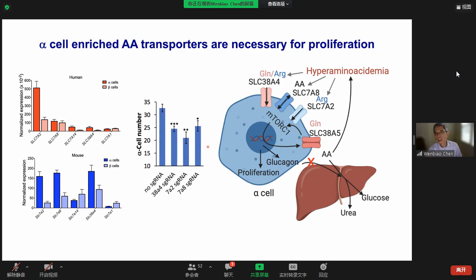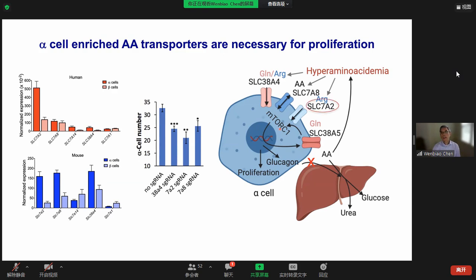In addition to SLC38A5, we found SLC7A2, SLC38A4, and SLC7A8, which is an exchanger. However, all those transporters are thought to mediate mTOR activation.